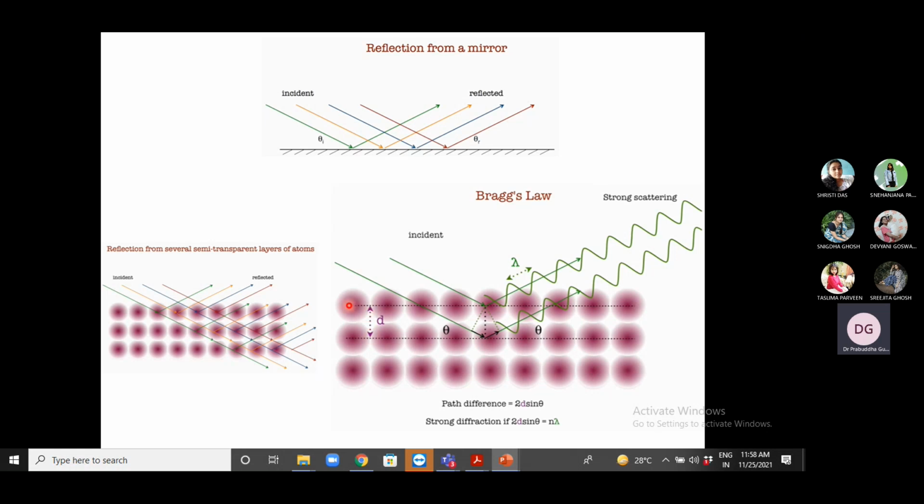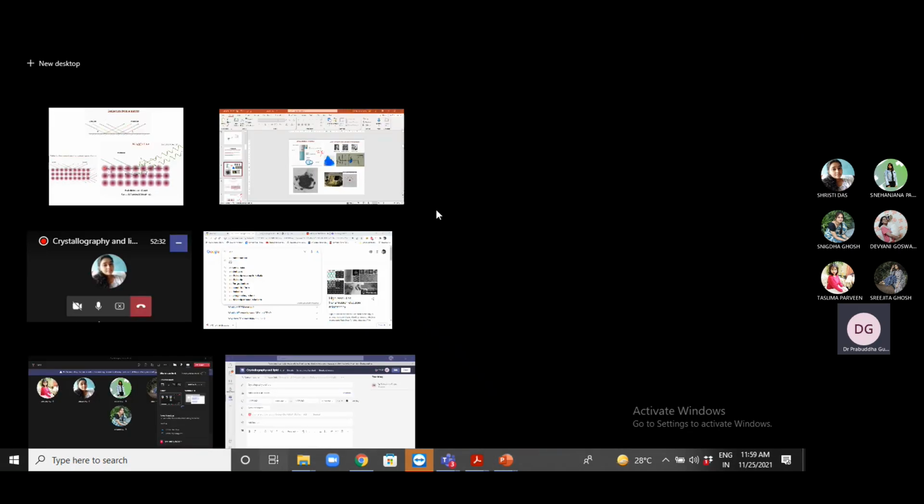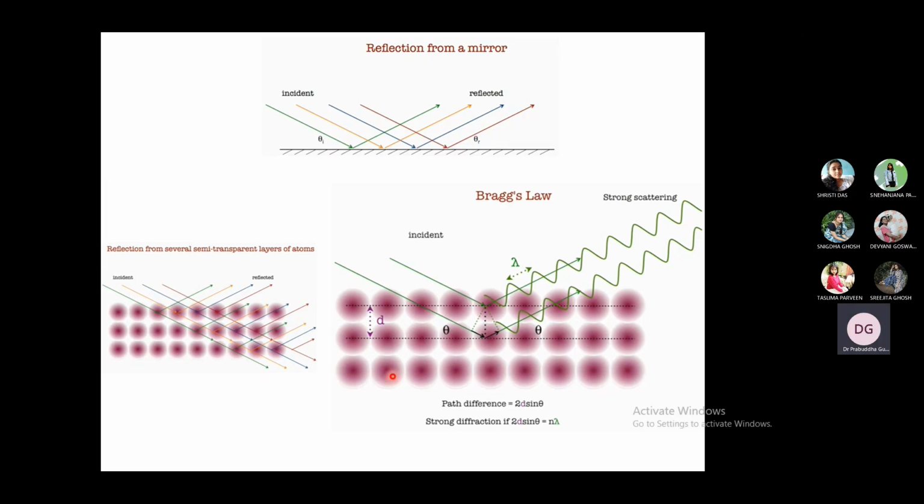And remember, this is not a single linear layer of molecules, it is actually a plane, just a section of a very big three-dimensional arrangement. Just a plane has been shown for simplification.